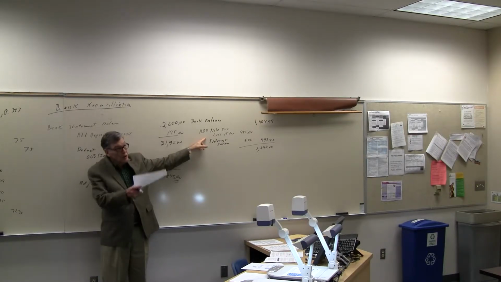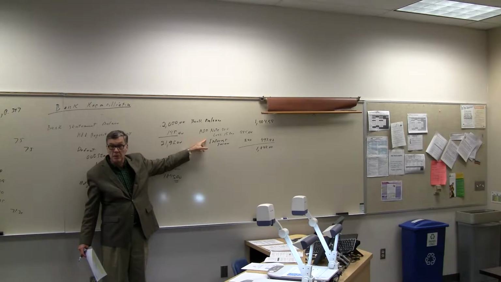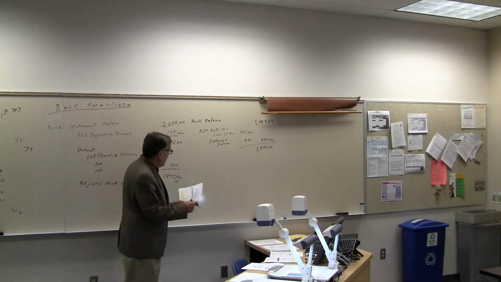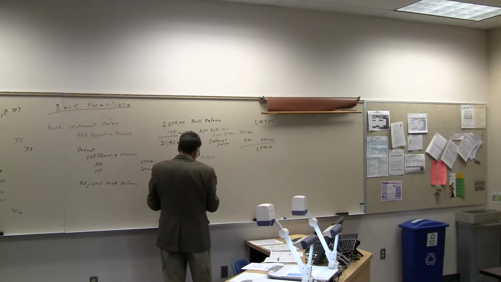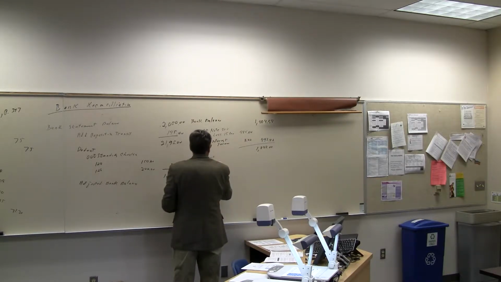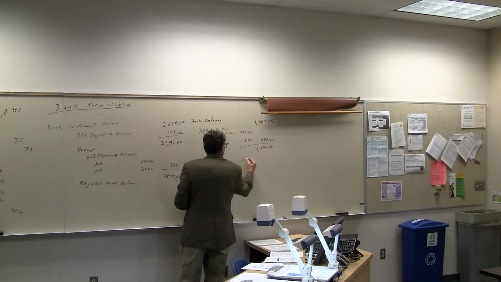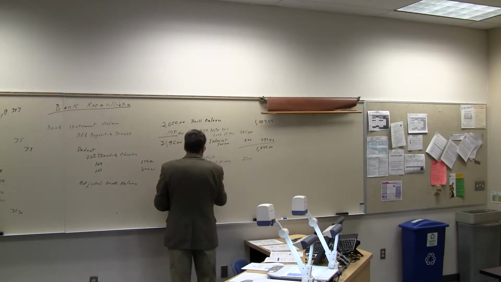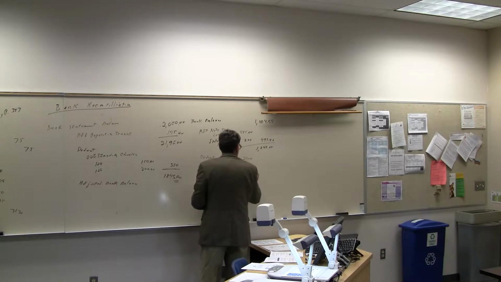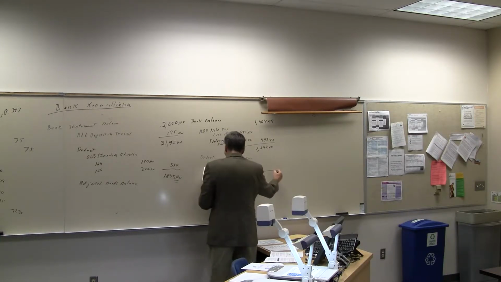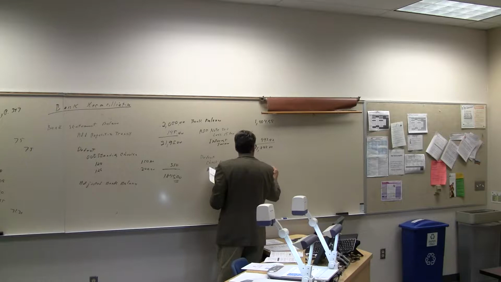Another way of saying it then, the source document will be your bank statement. Then you do your deductions. In this case, there was a check printing charge, and that was $23. There was an NSF check plus fee for $30. Those two together equal $53.